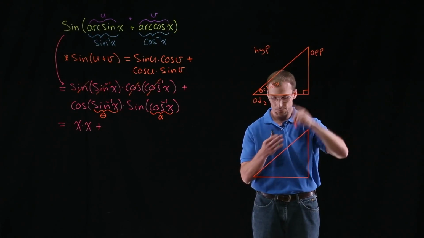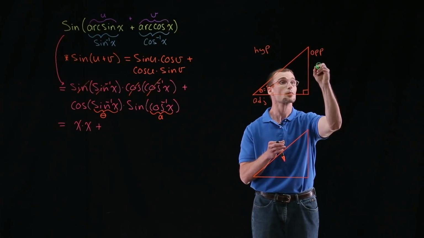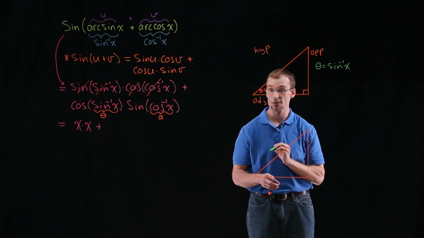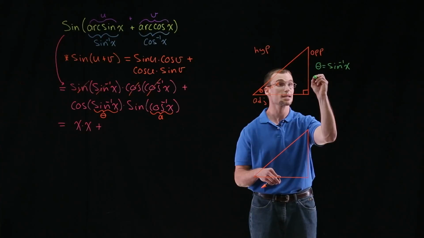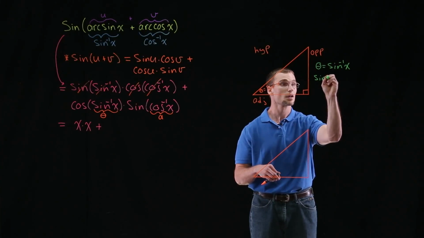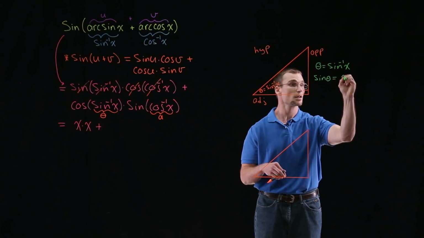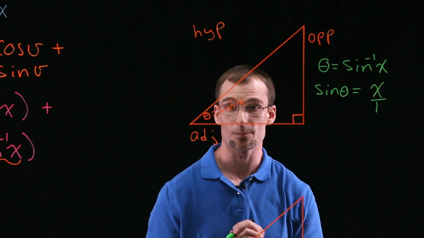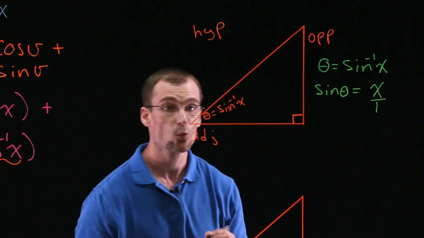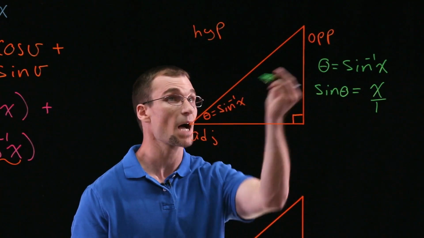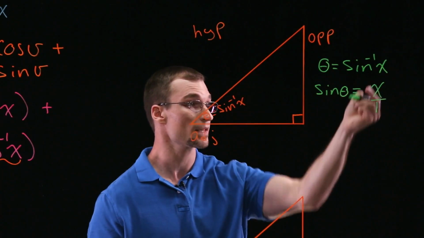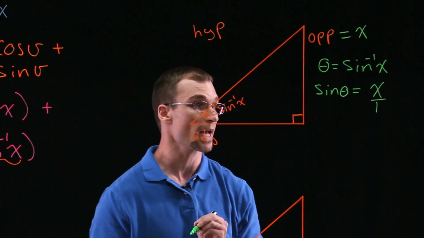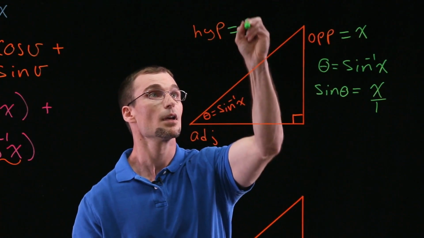Well, we know that we're calling theta the angle sine inverse of x. Well, that implies, taking sine of both sides, that sine of theta is equal to x, or more importantly, equal to x over 1. So what does that tell us? Well, we know the sine of an angle theta is opposite over hypotenuse. So if sine of theta is x over 1, that says that our opposite is equal to x, and the hypotenuse is equal to 1.